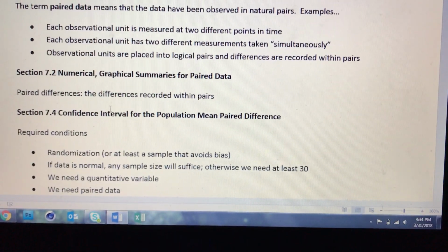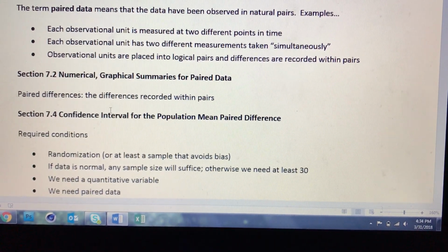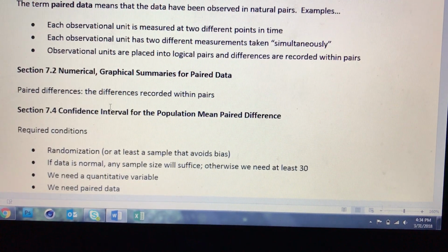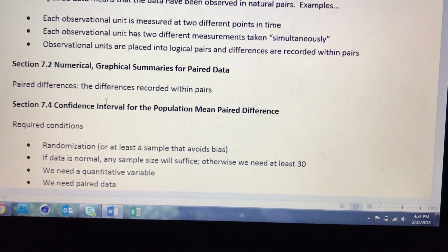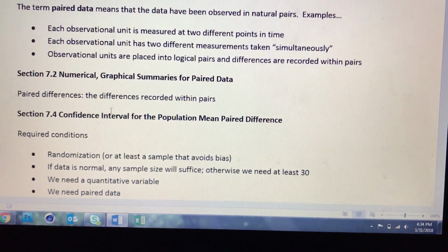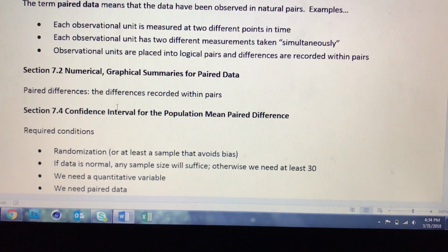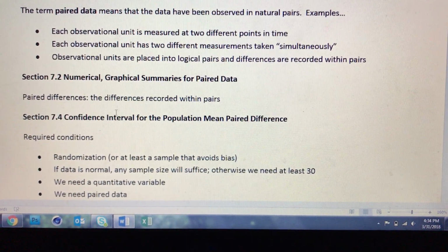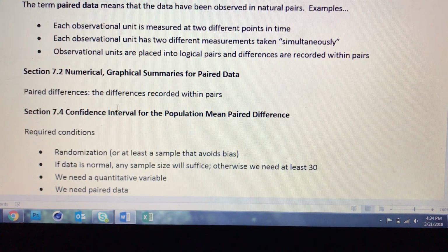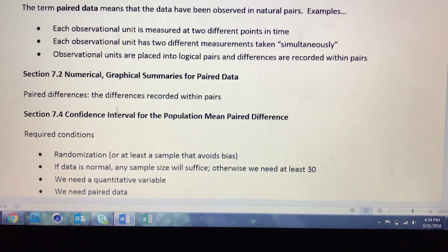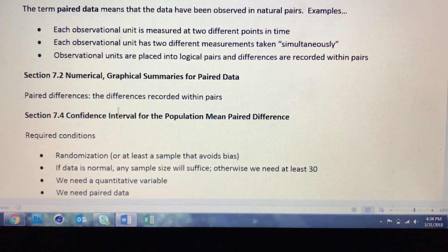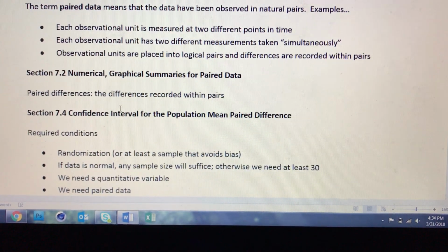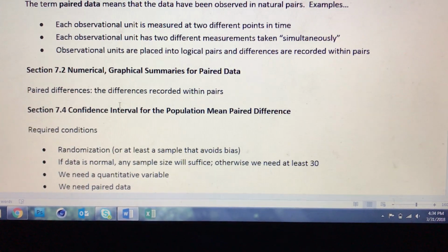The third and final type of paired data that we will talk about: observational units are placed into logical pairs and differences are recorded within pairs. Prior to working at Grand Valley, I worked at Pfizer in the Animal Health Division. One of the things that I was responsible for was a drug given to pigs, and we wanted to make sure that the pigs still gained weight if they were given the drug.